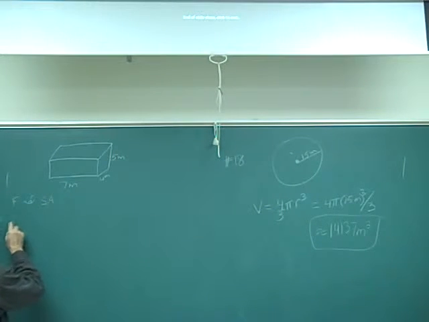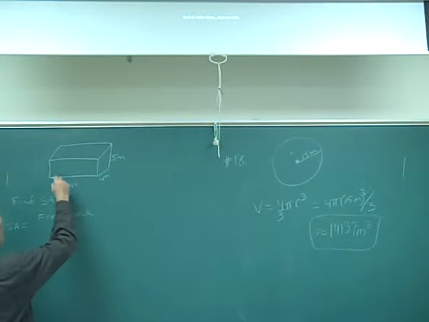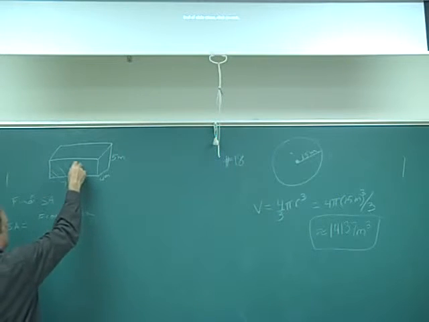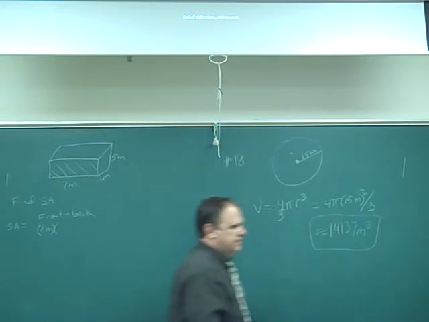Okay? So, basically, surface area is equal to, what we want to do is get front and back. Well, if you get the front, you're going to get the back, you just have to multiply it times 2. So here's our front. That's going to be 7 meters times, we want the area of the front.